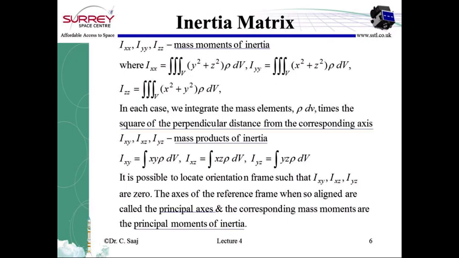So if we have an inertia matrix with all its off-diagonal elements set to zero, then it means the inertia matrix is based on the principal axes of rotation. And we call the corresponding moments of inertia the principal moments of inertia.